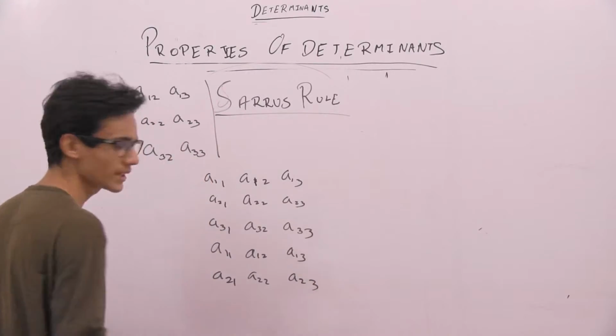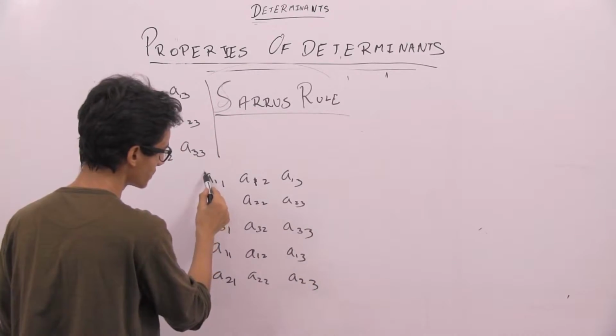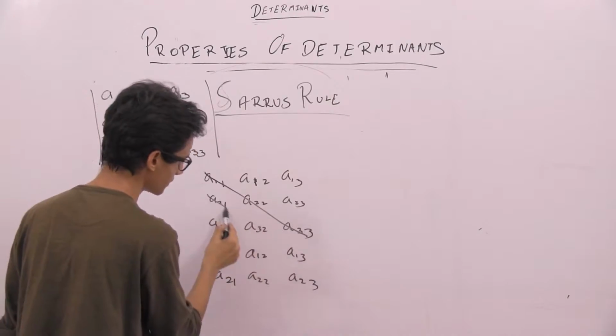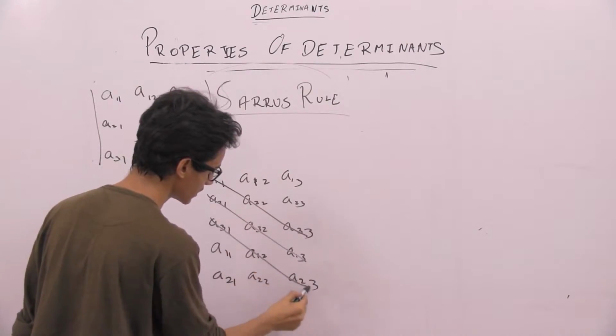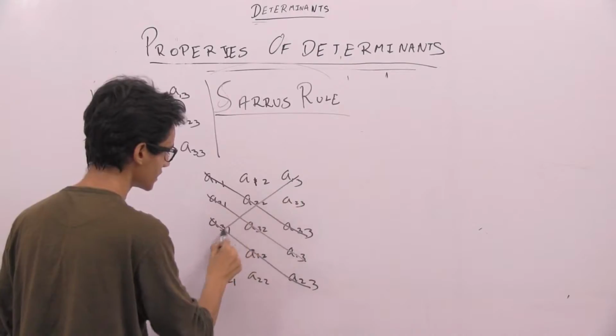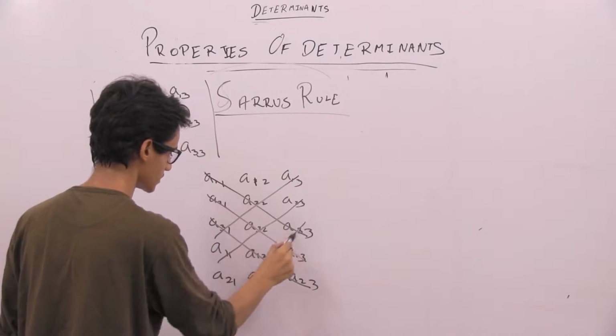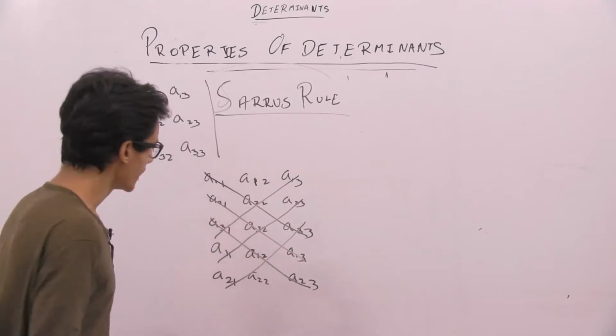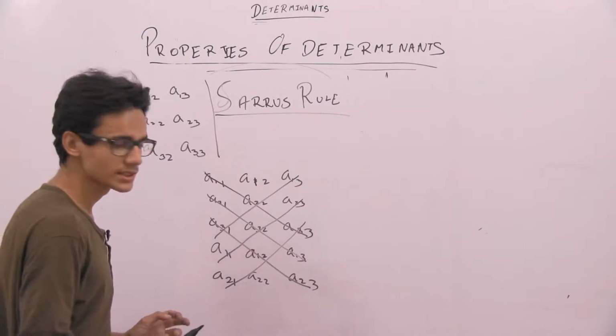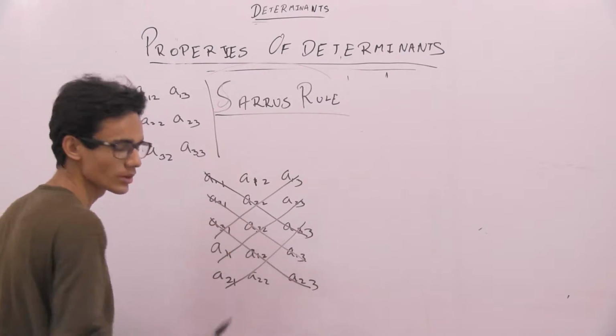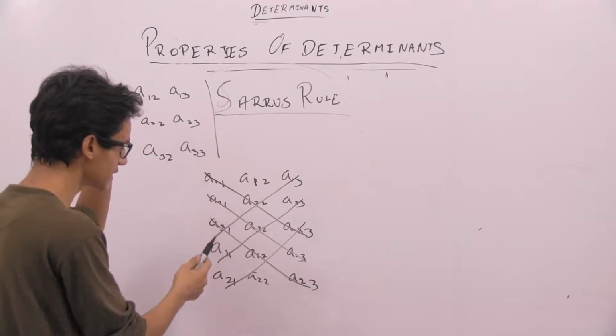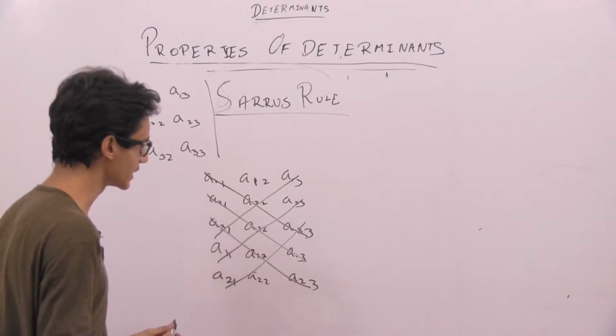Now make the diagonals starting from this element. Make diagonals starting from the top elements on both sides, right and left. Now add all the elements on the diagonals and sum the summation of all the diagonals you are getting.